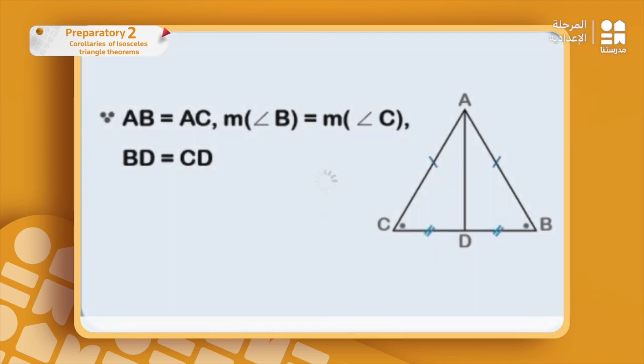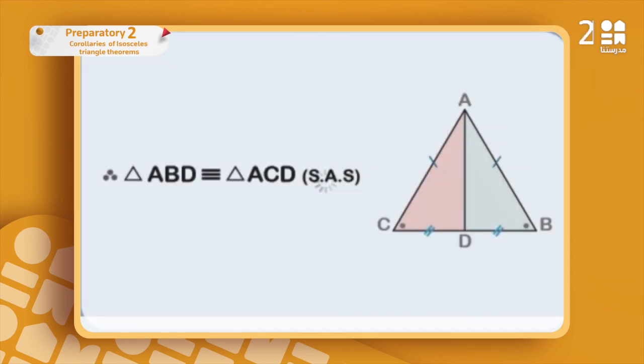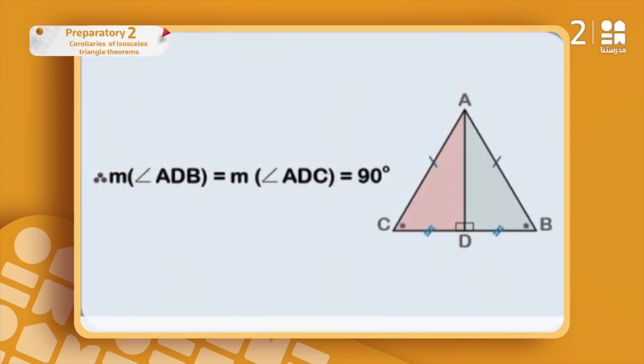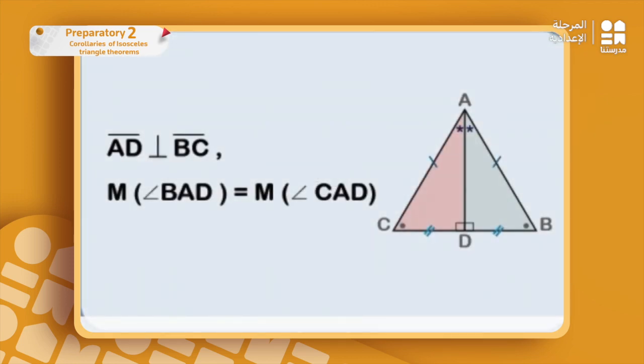Since AB equals AC and the measure of angle B equals the measure of angle C and BD equals CD, therefore the triangle ABD is congruent to the triangle ACD. So the measure of angle ADB equals the measure of angle ADC, which equals 90 degrees. So the line segment AD is perpendicular to the line segment BC, and the measure of angle BAD equals the measure of angle CAD.